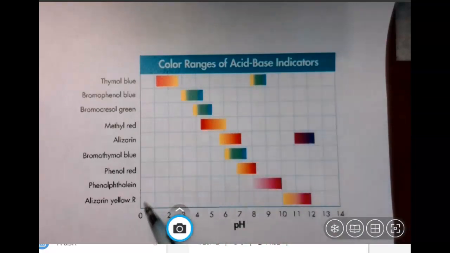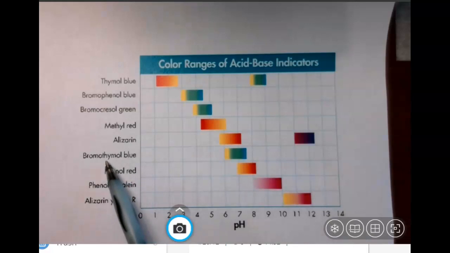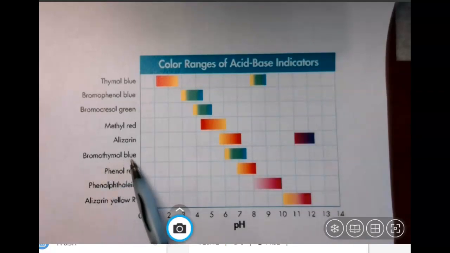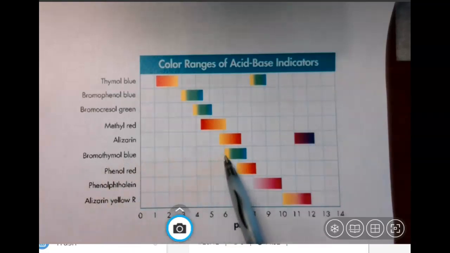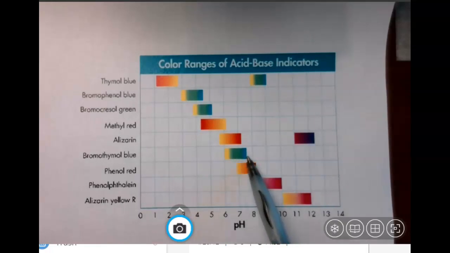Let's see. Another one that we would use if we were back in school would be bromothymol blue, also called BTB. It's an indicator that's yellow until a pH right about 7. It turns from yellow to green and then blue above 7.